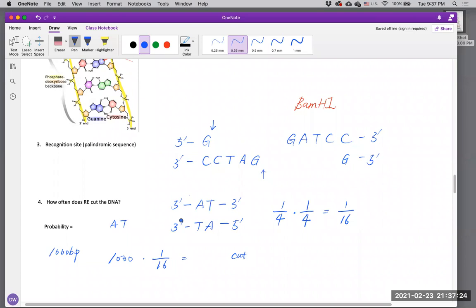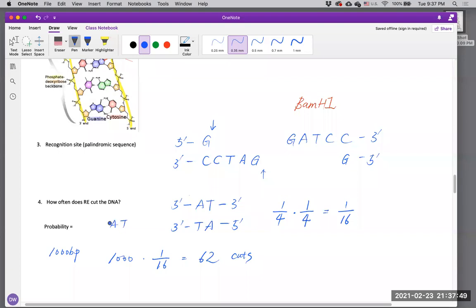So let me actually calculate this. All right, so if I get my calculator ready, 1,000 divided by 16. So this is 62.5. So I'm going to say that's roughly 62 cuts.